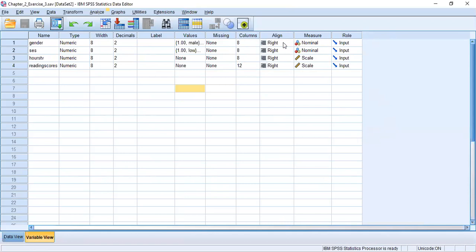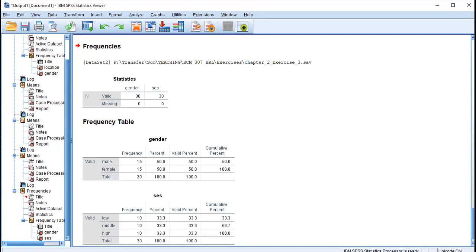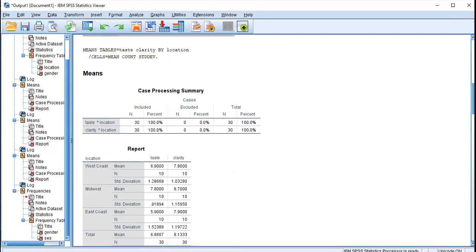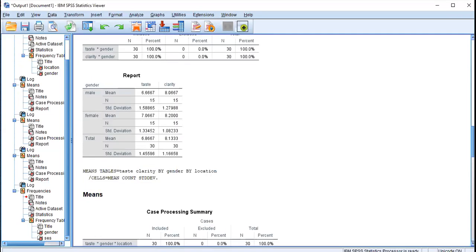So I'll be sharing the output file with you. This is it. This is what we've got. This is the answer to the first question.